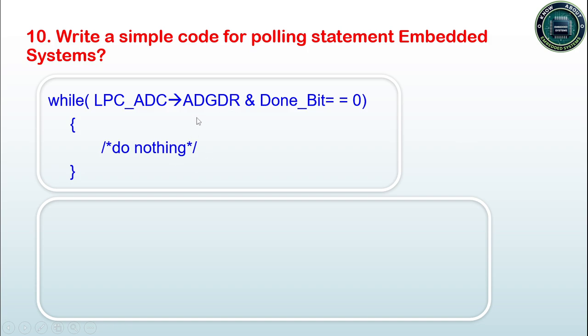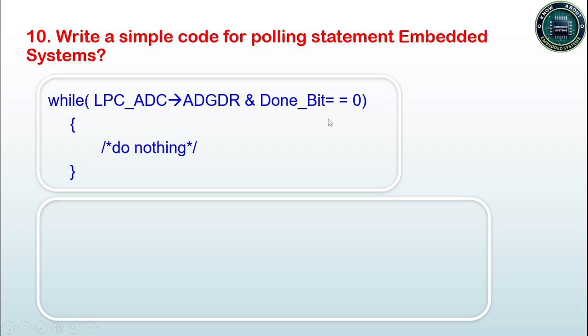This is what I just told you, done bit monitoring, right? In my ADC we have something called the done bit. It is usually bit number 31, and I'm going to check it in either the ADC status register or the global data register. So LPC ADC global data register, perform an AND operation with the done bit, and check whether it is equal to 0.